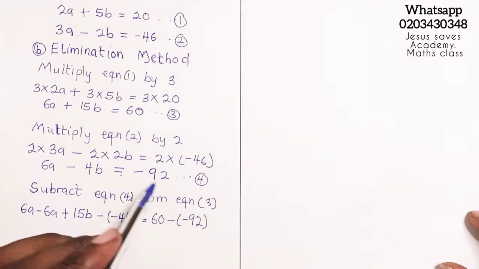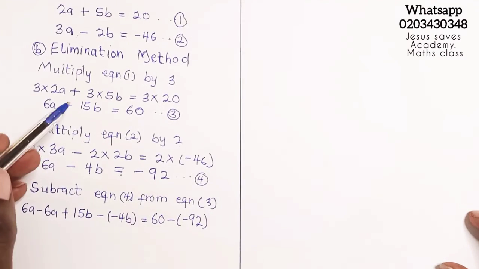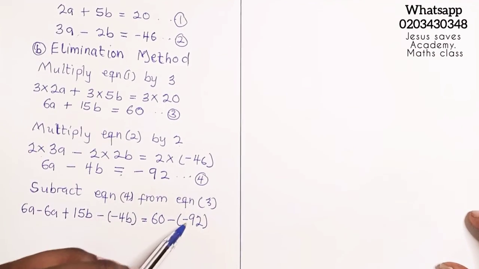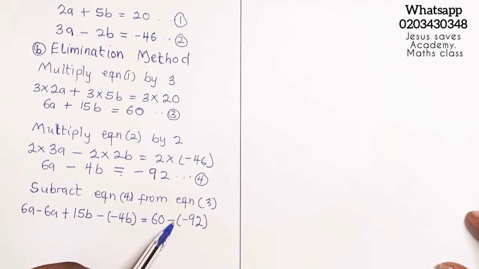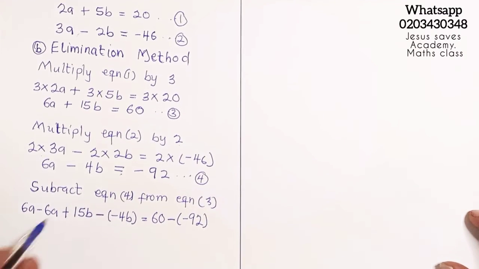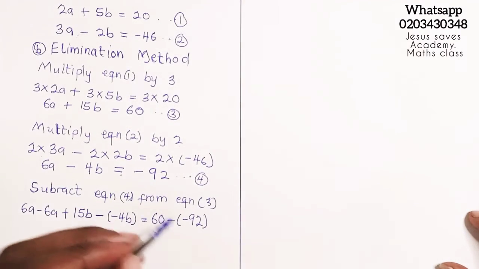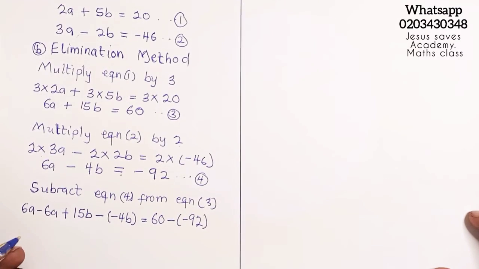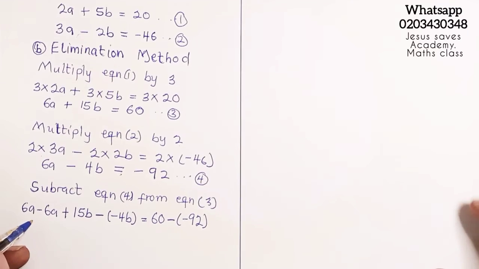We are subtracting all of this one from this one, so those with the minus, put them into brackets so that it will not confuse you. So 6a minus 6a will give us 0, so I will not write it.